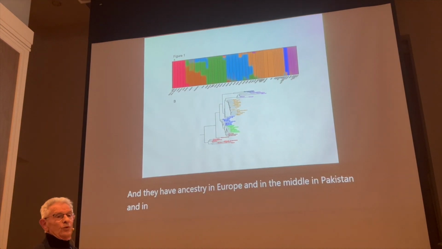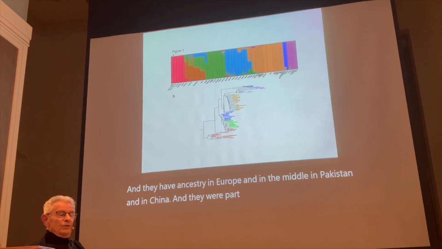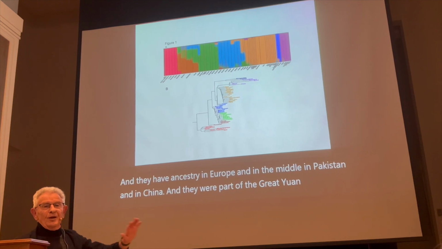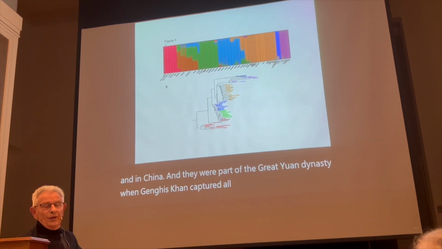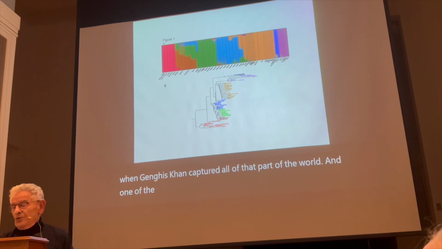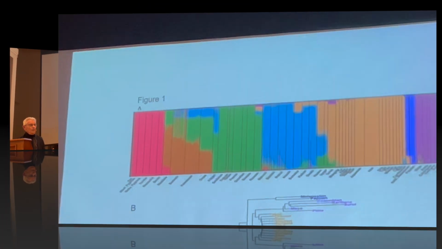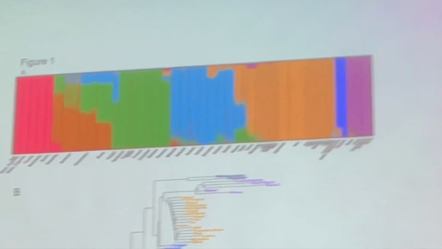And they were part of the great Yuan dynasty when Genghis Khan captured all of that part of the world. And one of the things Genghis Khan's people did is leave their genes around. This is Europe, Pakistan, and China.